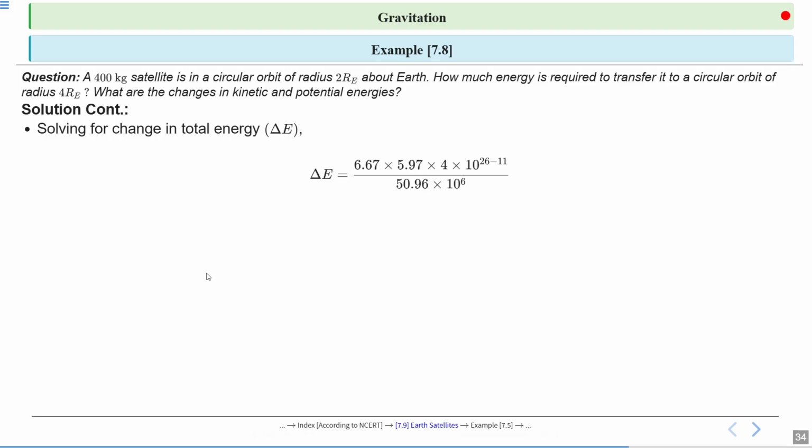So delta E is equal to 6.67 into 5.97 into 4 into 10 raised to the power 26 minus 11 divided by 50.96 into 10 raised to the power 6. So delta E is equal to 159.28 into 10 raised to the power 15 divided by 50.96 into 10 raised to the power 6. Delta E is equal to 1.56 into 10 raised to the power 9 joule.